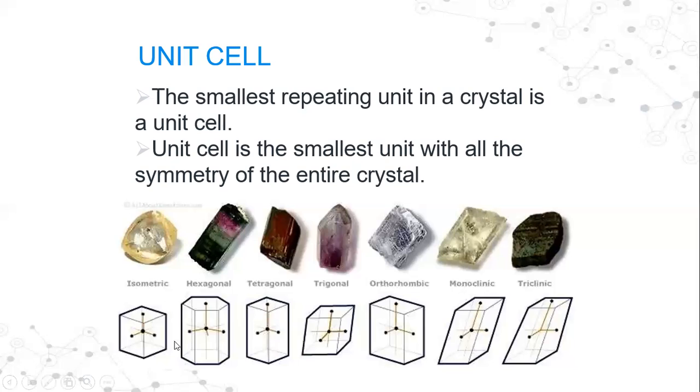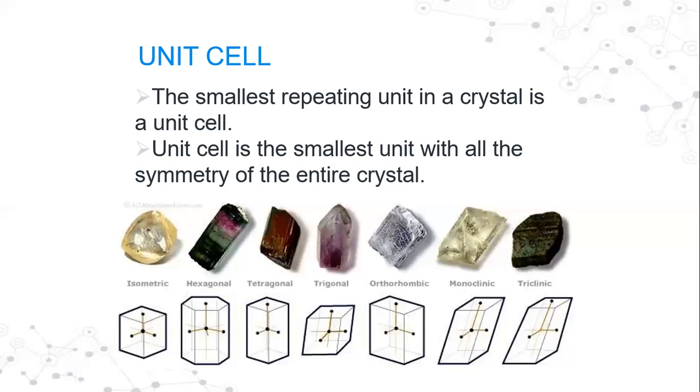You can see the isometric structure here, which is in the form of a cube. A cube contains 6 faces, and when you see it from the front, it is shown as a rectangle or a square.